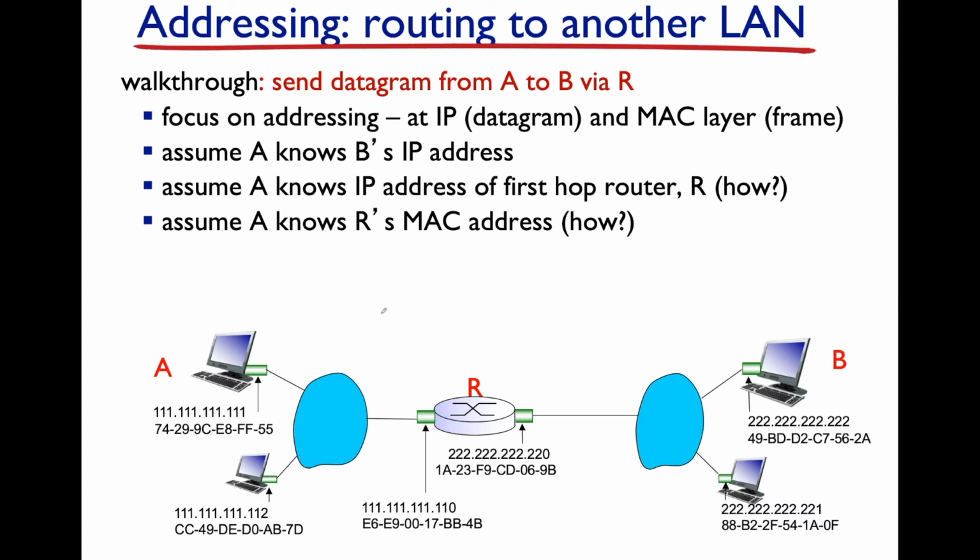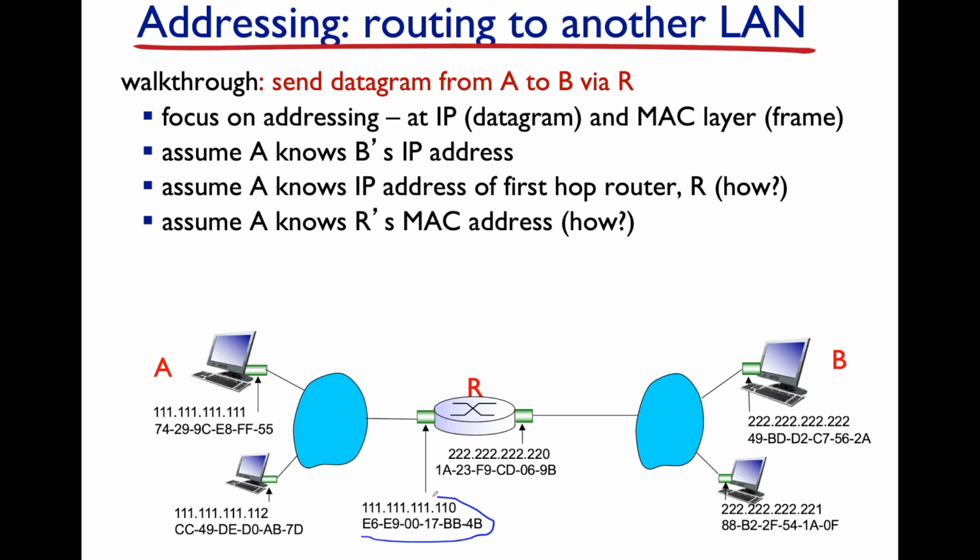A also knows the first hop router or default gateway, which is router R. And so because it knows router R's IP address, A can engage in ARP and learn and add an entry to its ARP cache or ARP table, an entry that maps this router's interface on the 111 network to the MAC address for this interface the router has on the 111 network.